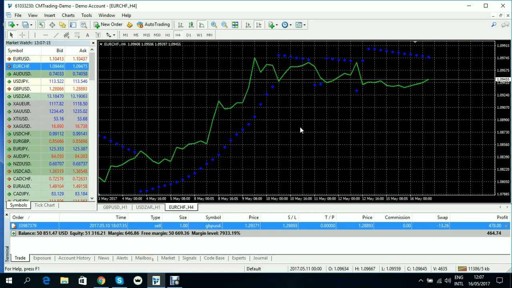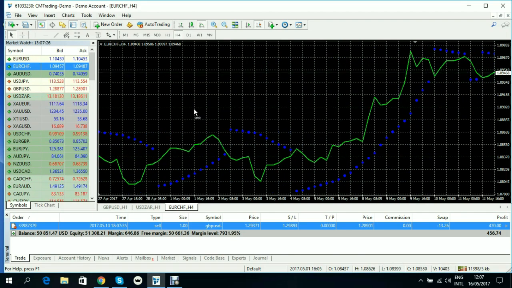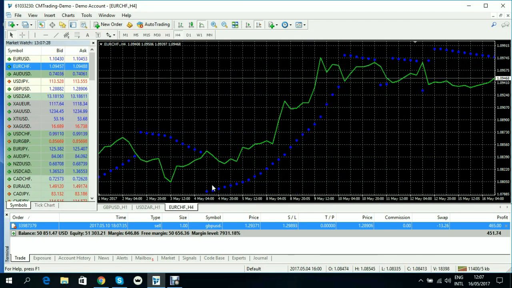Market can actually be volatile but may not necessarily be trending, but it's important that market is trending. Let me explain. When market is trending, it means that it's going one direction for a long time. Then we say that market is trending. When that is happening, it's best to follow the parabolic dot.